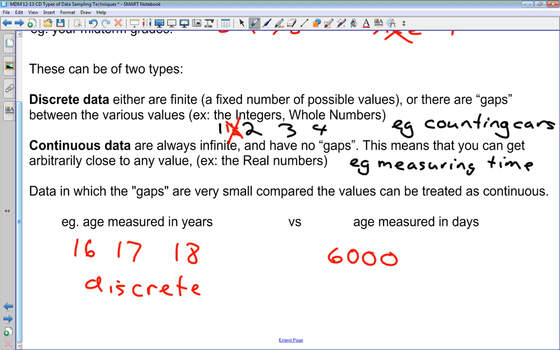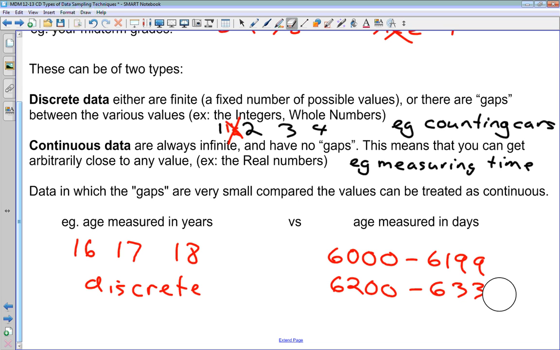It would probably be more useful to us to think about ranges of ages, so 6,000 to 6,199 days, or a range of ages from 6,200 days to 6,399 days, or something like that.